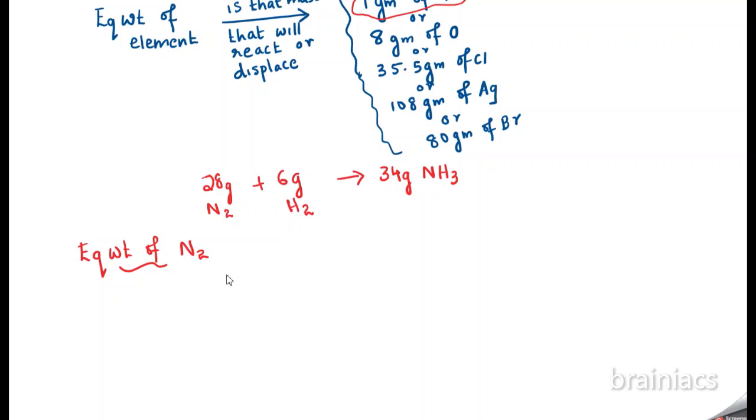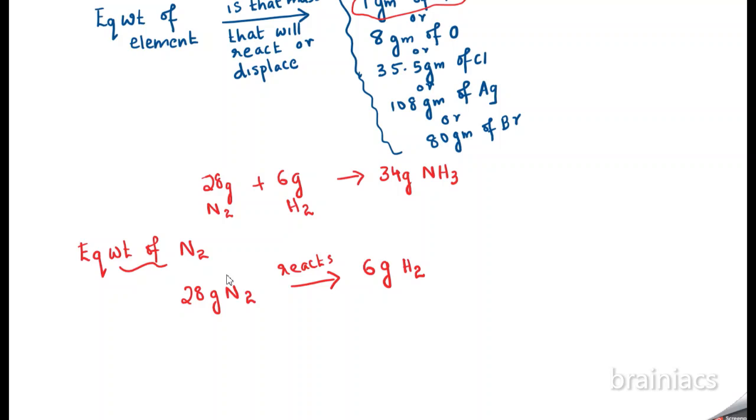As per this balanced chemical equation, 28 gram nitrogen reacts with 6 gram of hydrogen, correct? But we need to know with 1 gram of hydrogen how much nitrogen is reacting. Then that mass is my equivalent mass of nitrogen.